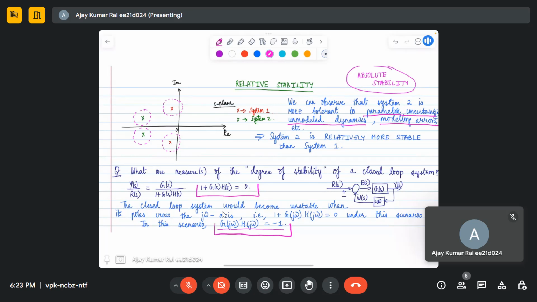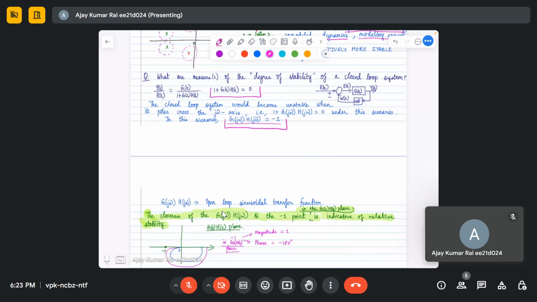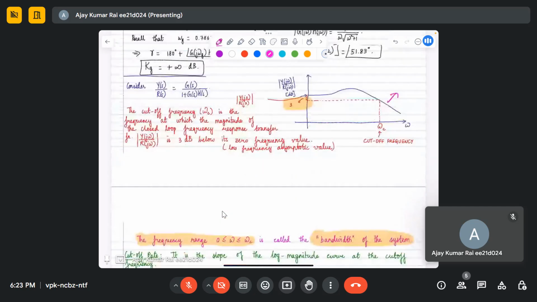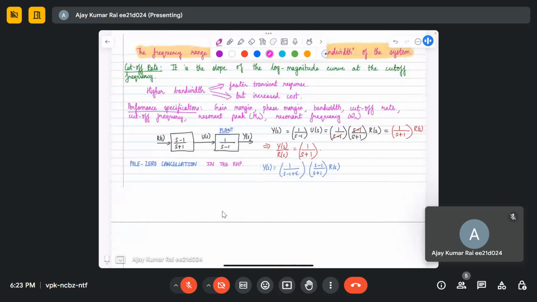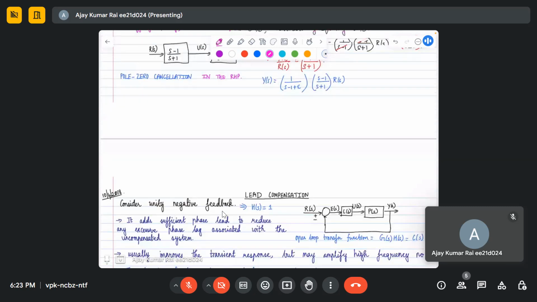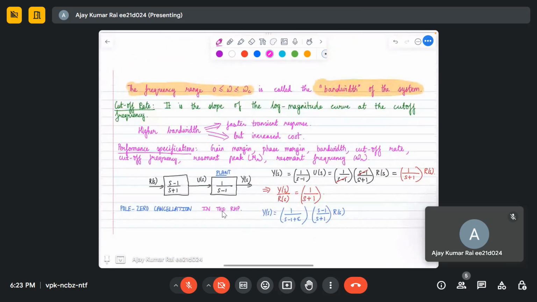So we cannot know the exact location of the pole for a system, and that's why we cannot cancel it. That's why we don't do pole-zero cancellation in the right half plane. That's why we have controller design and all these things. So this was covered up to this week.